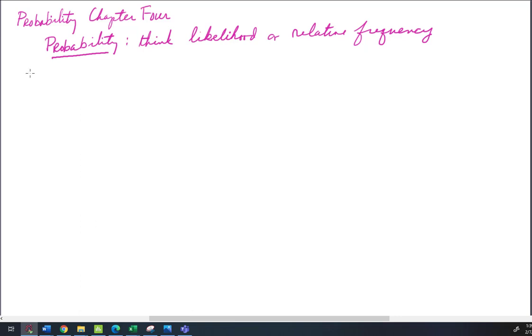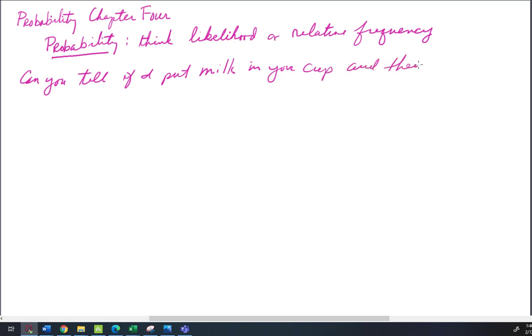We need to identify things like, can you tell if I put milk in your cup and then tea, or if I put tea in your cup and then milk?